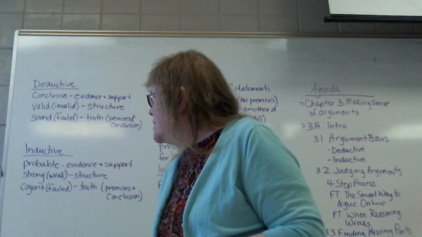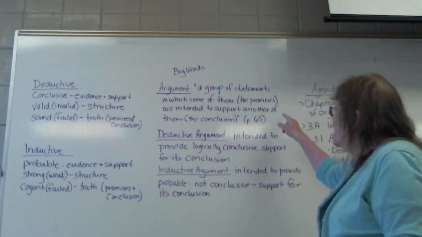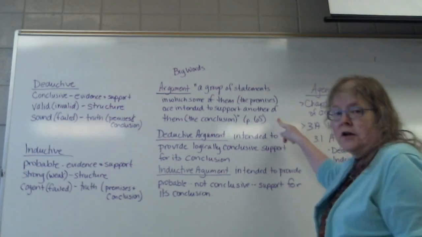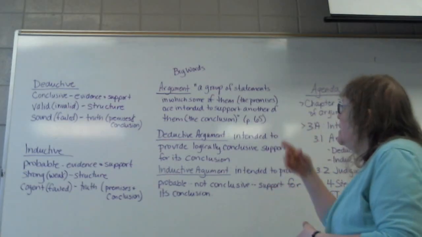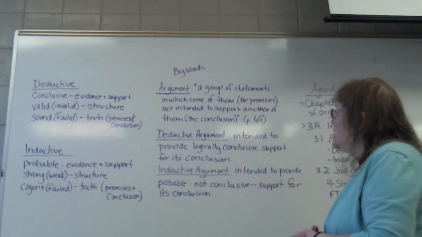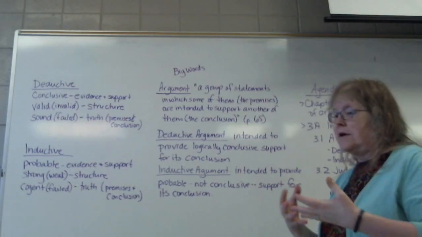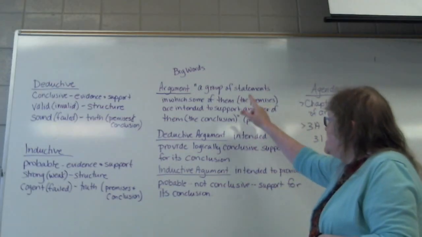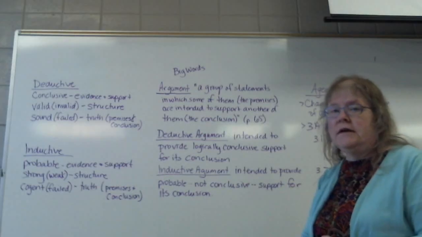Words. The whole background here, of course, is arguments. Okay, what's an argument? An argument is a group of statements in which some of them, premises, are intended to support another of them, the conclusion. Now, one thing I want you to notice here, the premises and the conclusion are in parentheses.